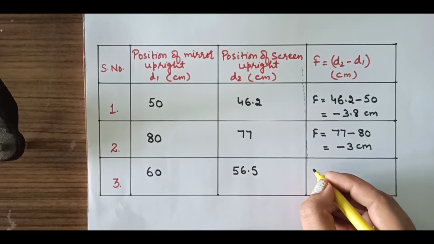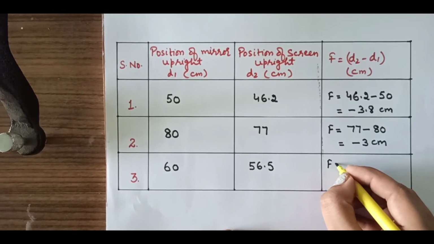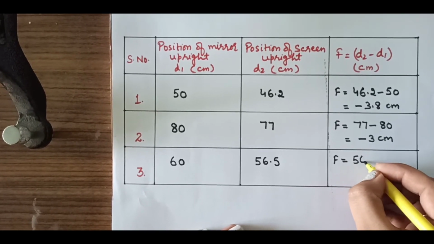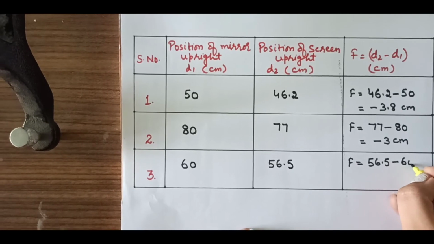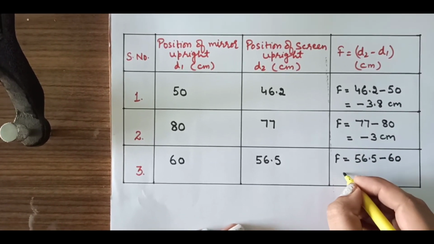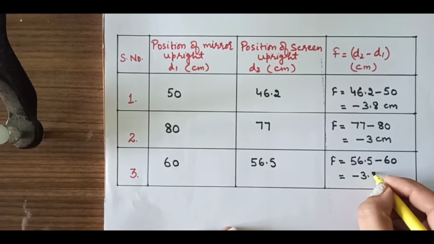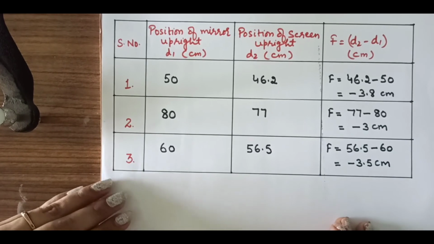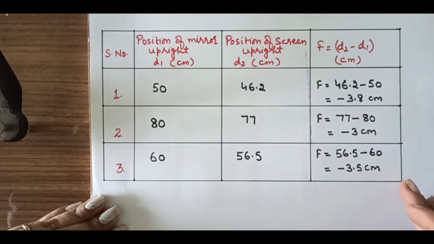To find the focal length from this observation, we will subtract 56.5 from 60, and we will get minus 3.5 centimeter.